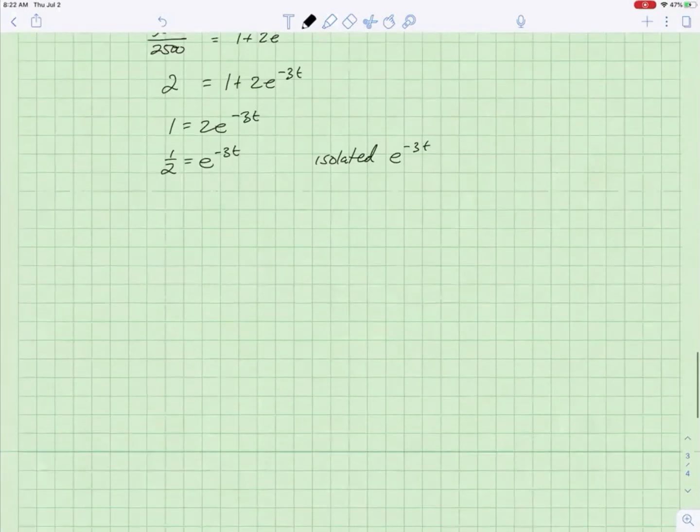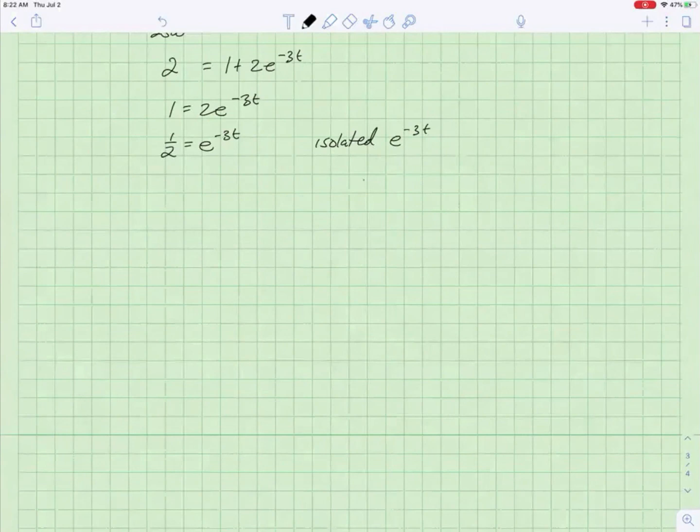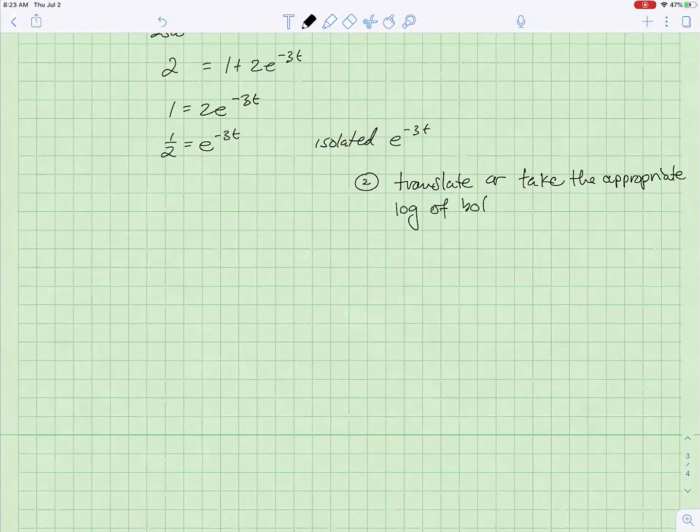Our next order of business here is to translate or take the appropriate log of both sides. Some people like that better.